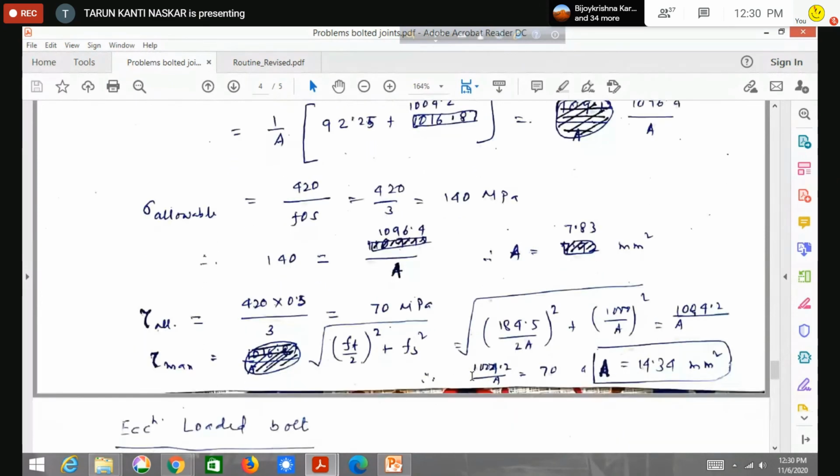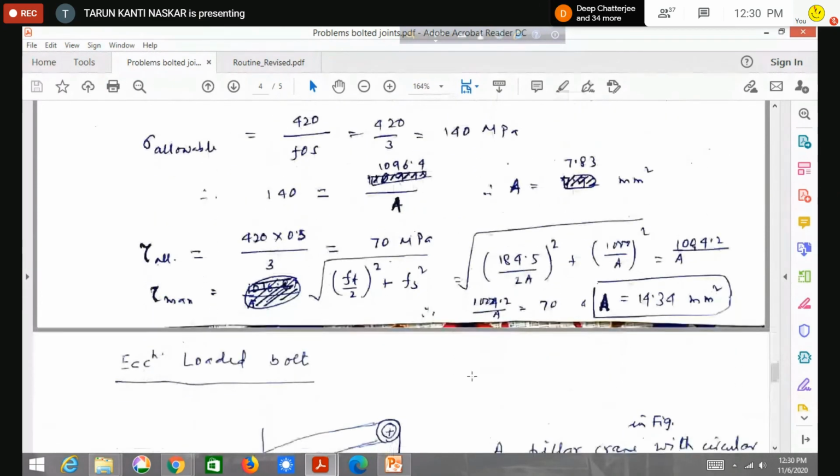Then sigma, tau available is this. So tau max, that is root of (Ft by 2) whole square plus Fs square. Ultimately you find out A from here, that is 14.34 millimeter square.